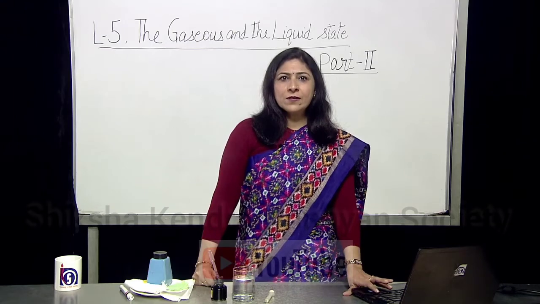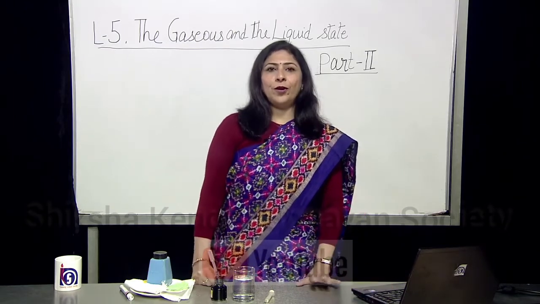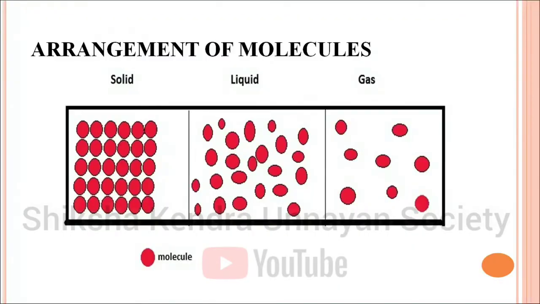Now let's first discuss the arrangement of molecules. You can see here how the molecules are arranged in solids, liquids and gases. The molecules are very close to each other in a solid, which means the shape and the volume are fixed in a solid. This is all based on the intermolecular force of attraction.